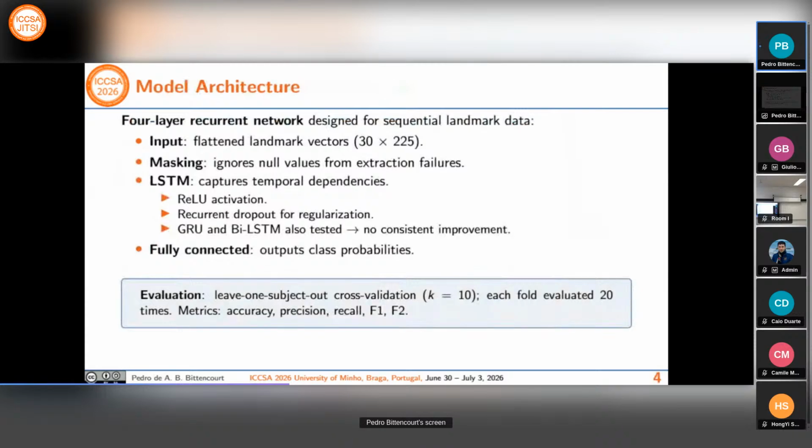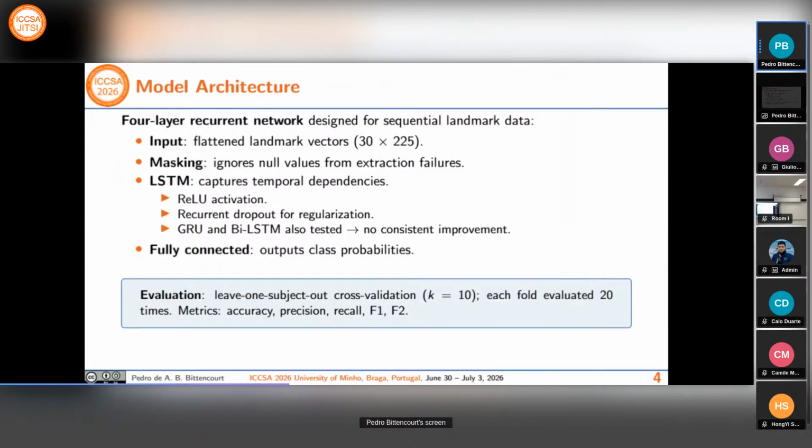Our model architecture is a 4-layer recurrent network designed for sequential landmark data. First, the flattened landmark vectors are fed into an input layer. Then, a masking layer ignores null values that may result from occasional extraction failures. The core of the architecture is an LSTM layer that captures the temporal dependence in gesture sequences.